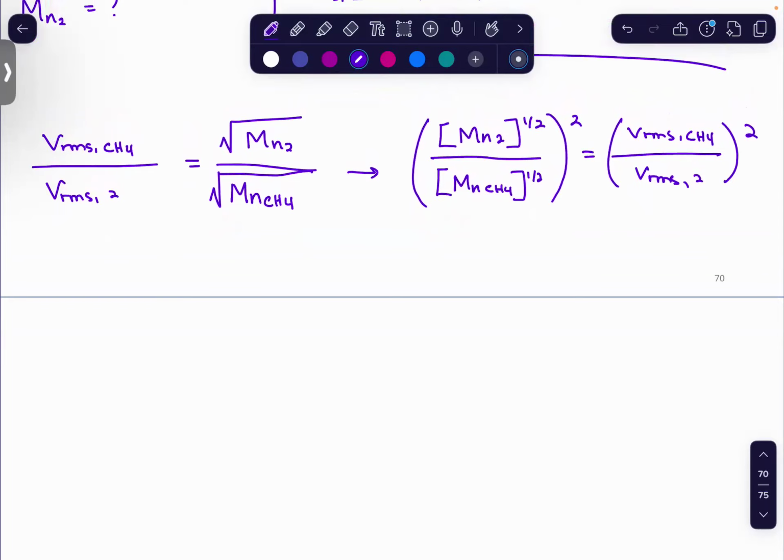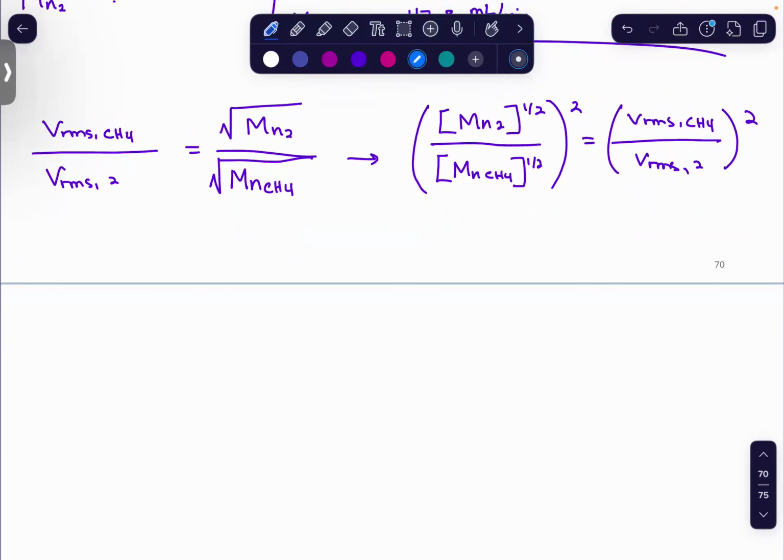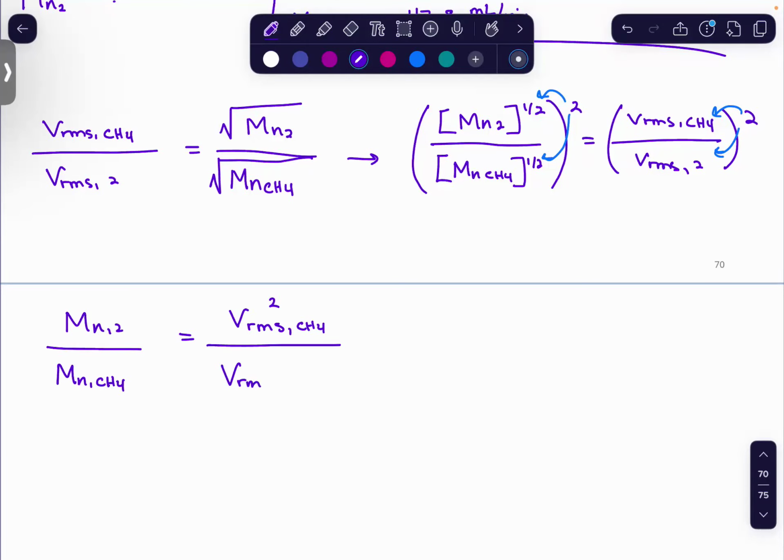So the square on the left side is going to get rid of the square roots in the top and the bottom, because when you have a square, it goes to that one and it goes to that one. Same thing, that one will go there and it will go there. Okay, so that's going to give me my molar mass of gas 2 over the molar mass of methane, going to equal VRMS of methane squared over the VRMS of gas 2 squared.